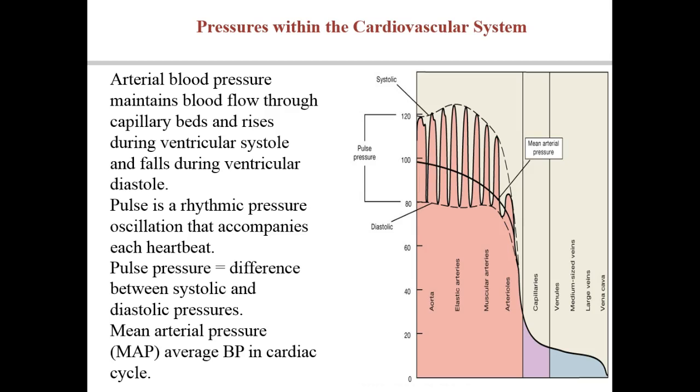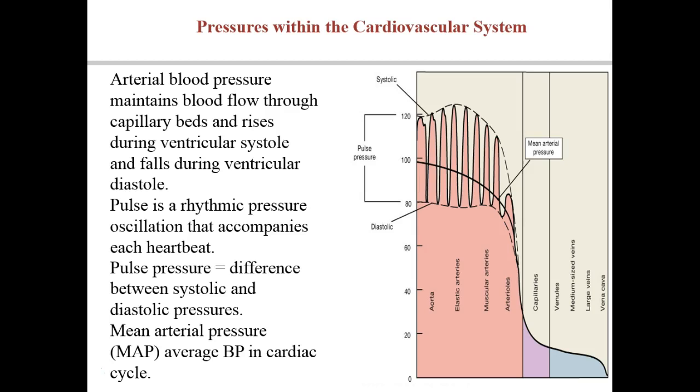And we have a nice graph here, not only of the systole, but the way we measure the systolic pressures, one after the other after the other. And we do this all the time on patients because we take their pulse. We look at that rhythmic pressure of the blood being forced out of the heart, and we call that pulse.